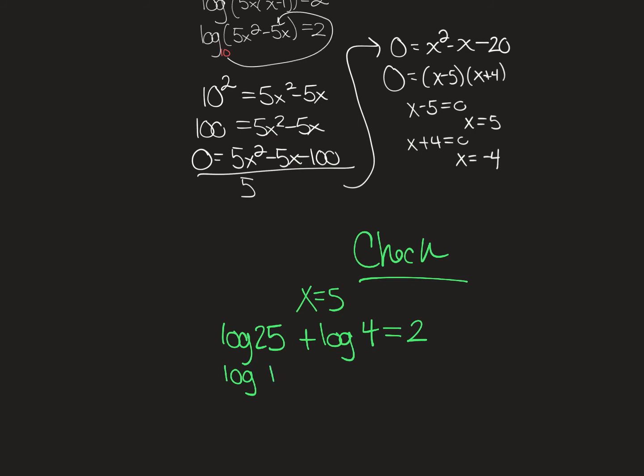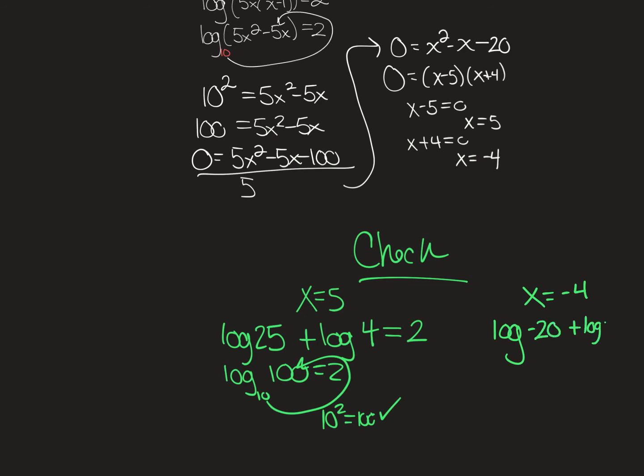So 25 times 4 is 100. Remember, my hiding base here is 10. So when I do my swooshy, I get 10 squared is equal to 100, which is a true statement. That's good. We also have to check when x equals negative 4. So right off the bat, when I plug my negative 4 in, I get log of negative 20 plus log of negative 5.